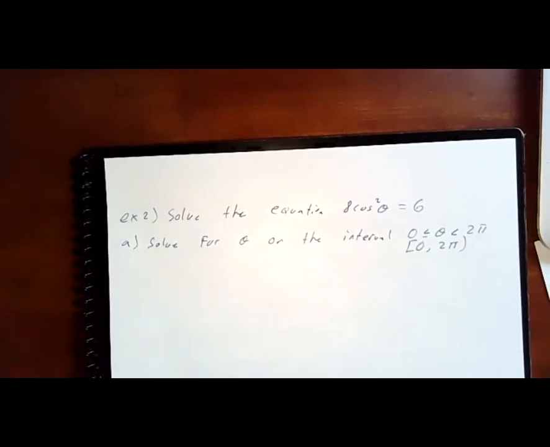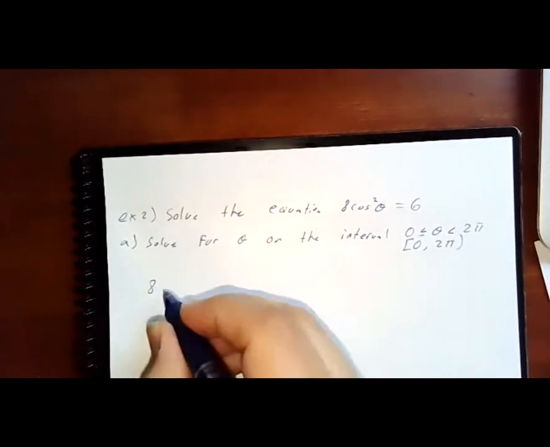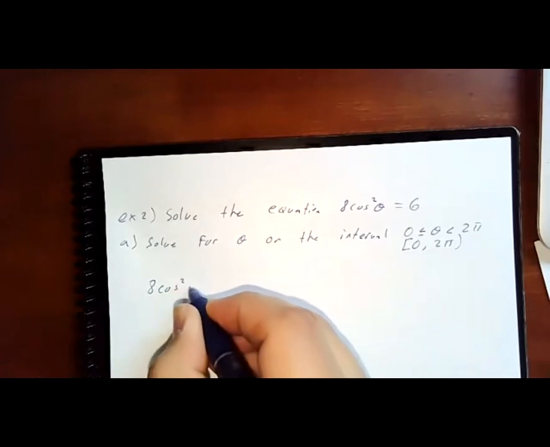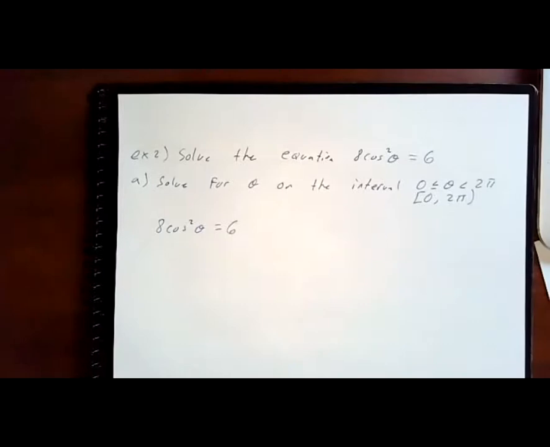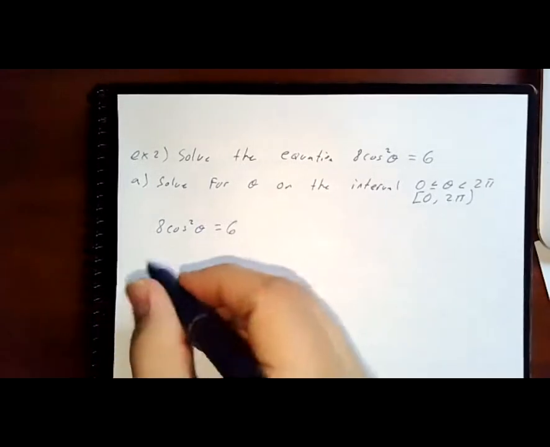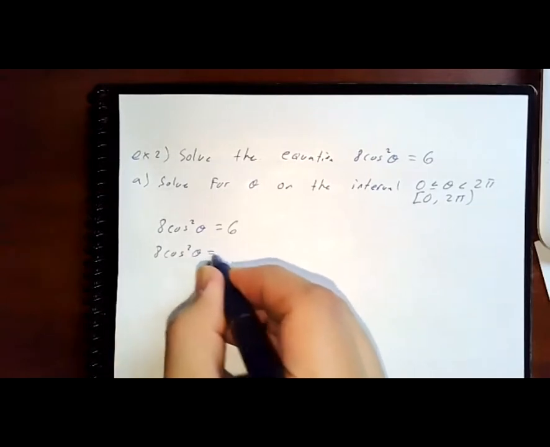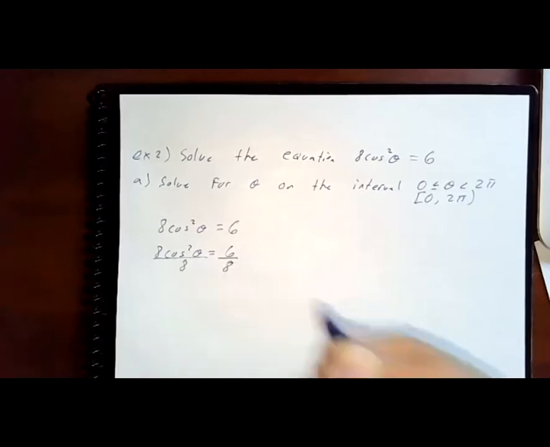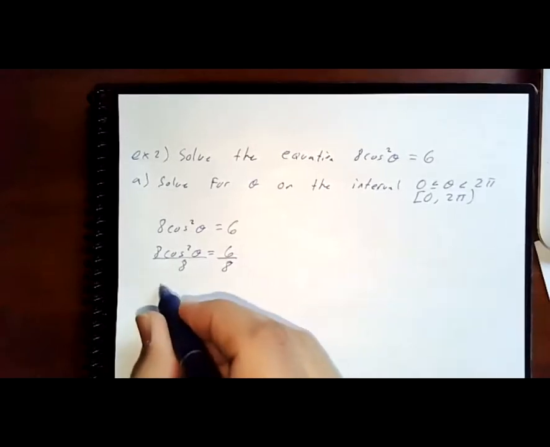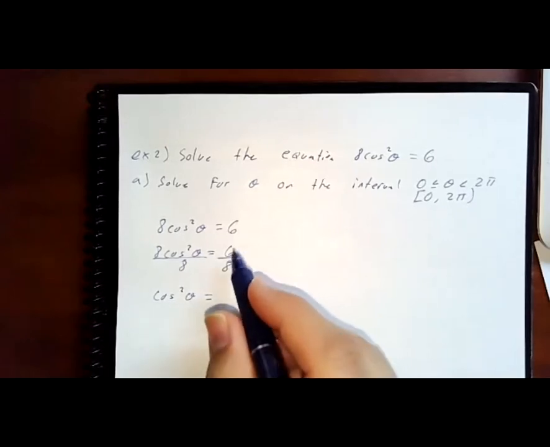So basically, you'll just solve like we did before. 8 cosine squared theta is equal to 6. So you'll divide by 8. So cosine squared theta is equal to 6 over 8.